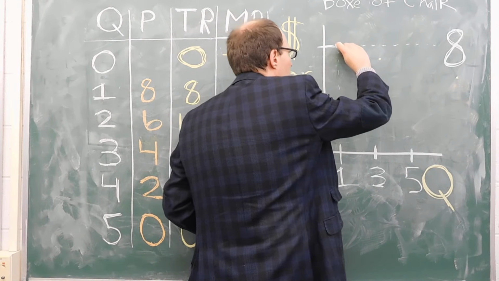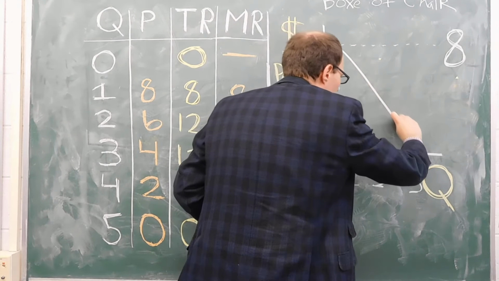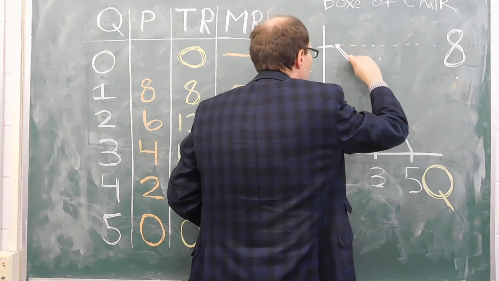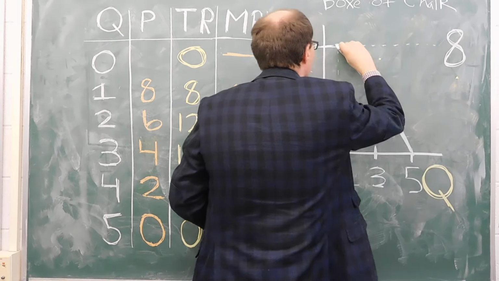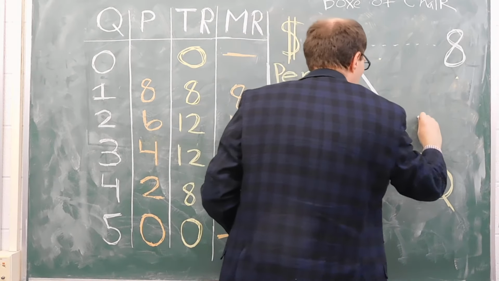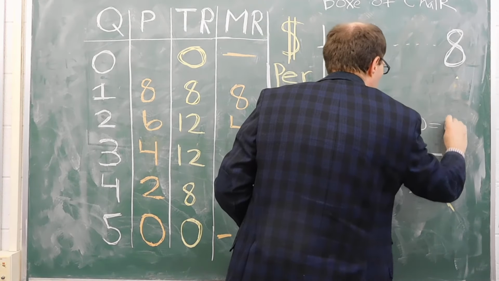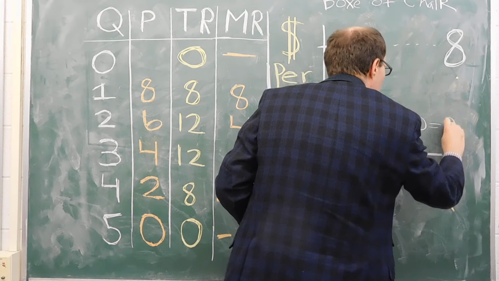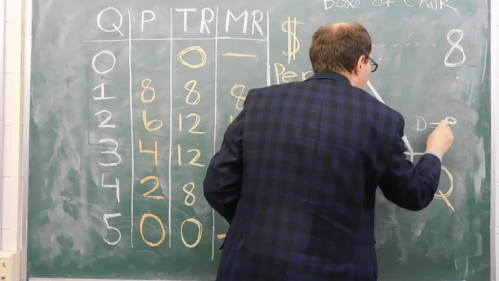Linear line, we're going to draw this linear line. Okay, so here in white, this is the demand, the price for a box of chalk.